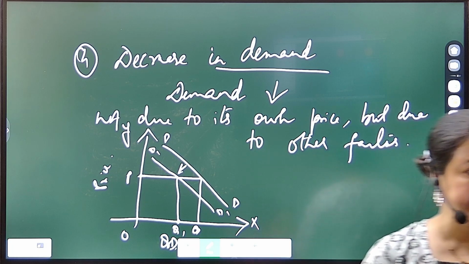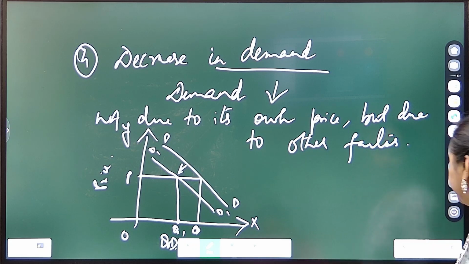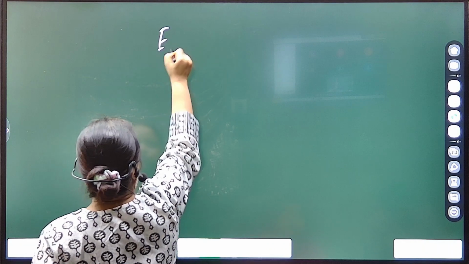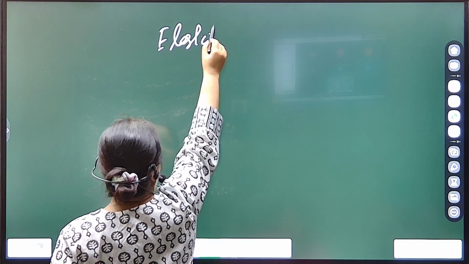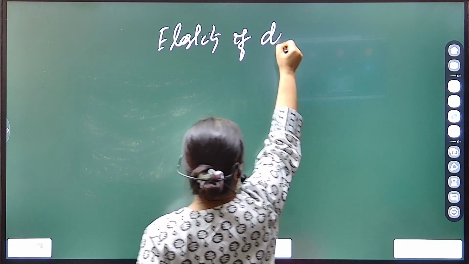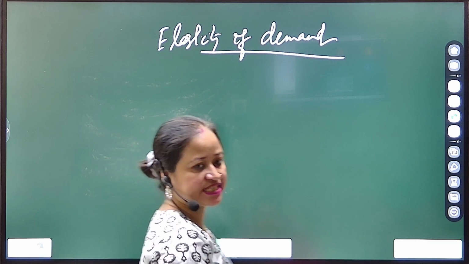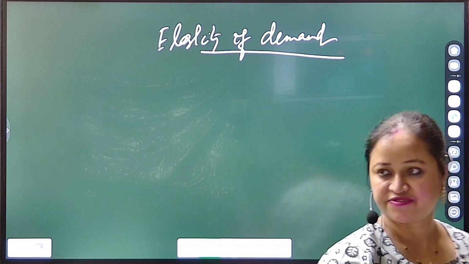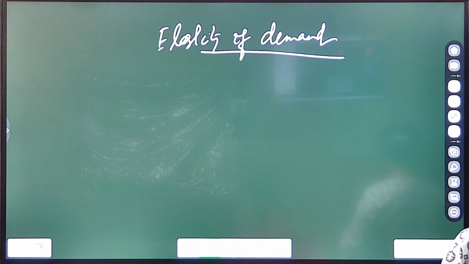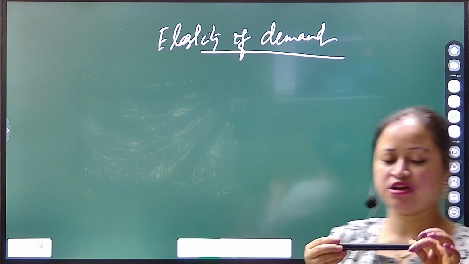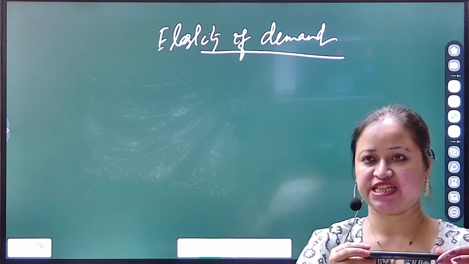So that is the topic, elasticity of demand. So now we will start with elasticity of demand. So elasticity means what? Flexibility, right? Elasticity means flexibility. Suppose this is your rubber band.